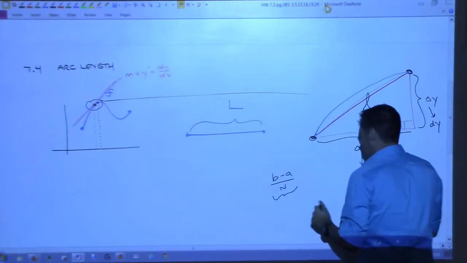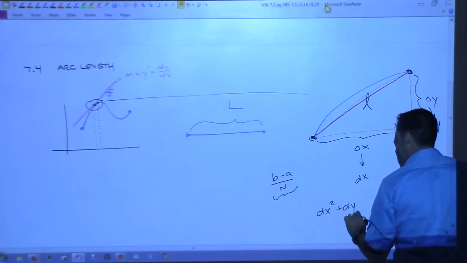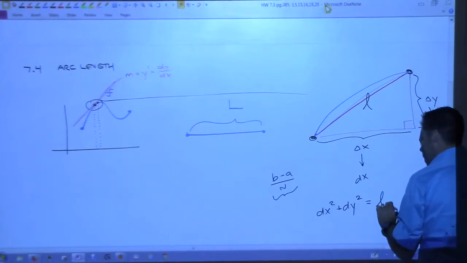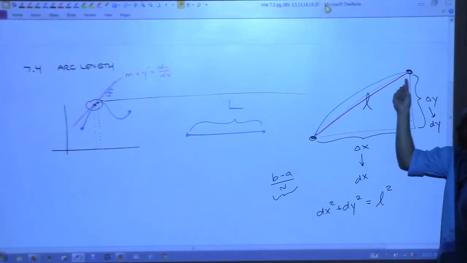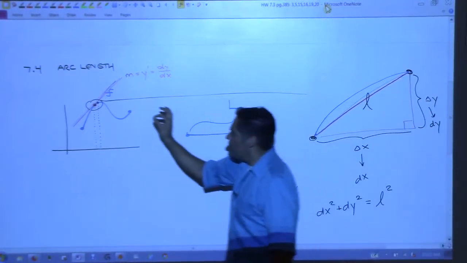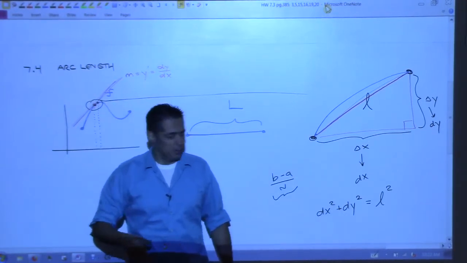Would you agree that dx squared plus dy squared should be equal to little l squared? As long as I let the number of these cuts go to infinity, that would be true. I'd like to know what little l is, because that would be the length of one of these little cuts, and then I just add them up with the integral.